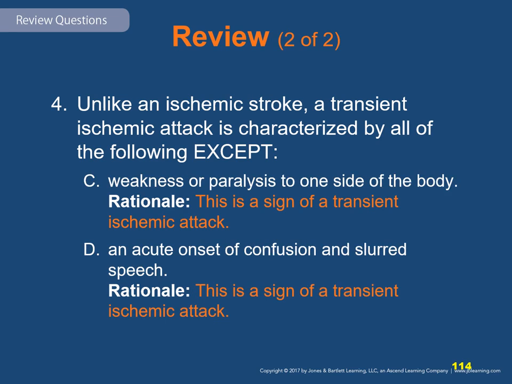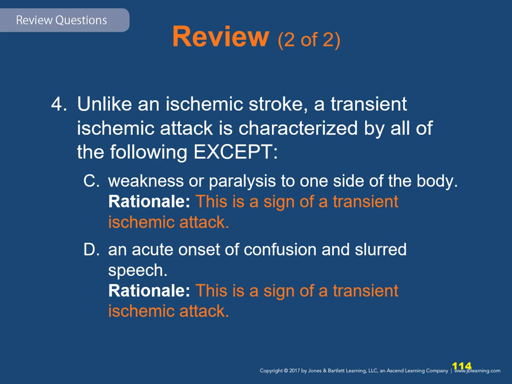C is also correct because let me just review the question again. Unlike an ischemic stroke, a transient ischemic attack is characterized by all the following except C, weakness or paralysis to one side of the body. That's actually true of an ischemic stroke. It is a sign of a TIA. And D, an acute onset of confusion and slurred speech.